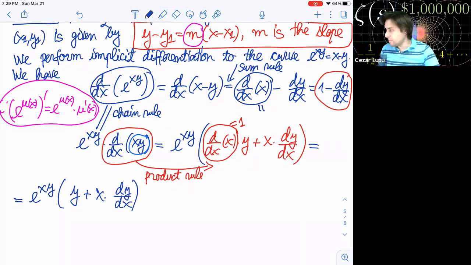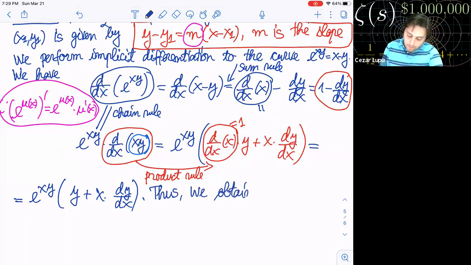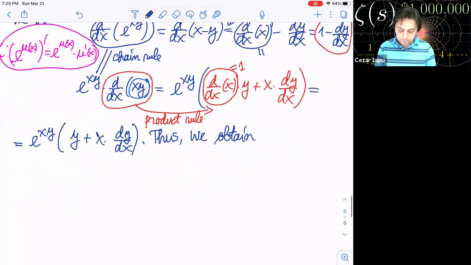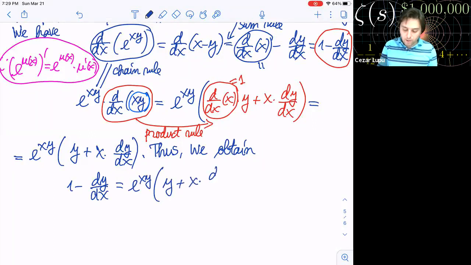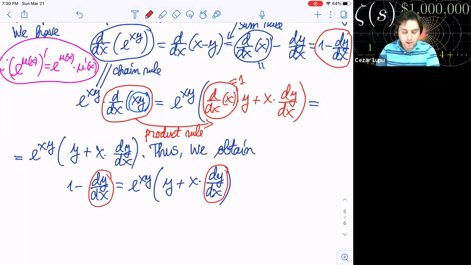Okay, and now if we put everything together, we obtain the following: 1 minus dy over dx equals e to the power xy times y plus x times dy over dx. And by rearranging everything, multiplying and isolating dy over dx on both sides, what do we get?